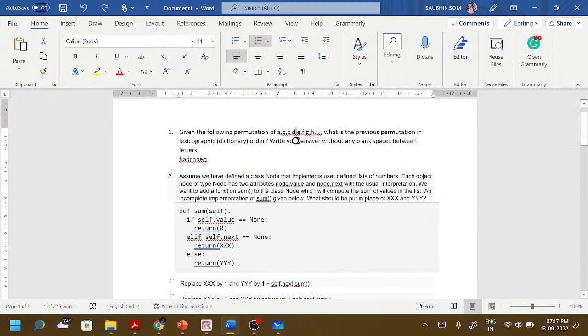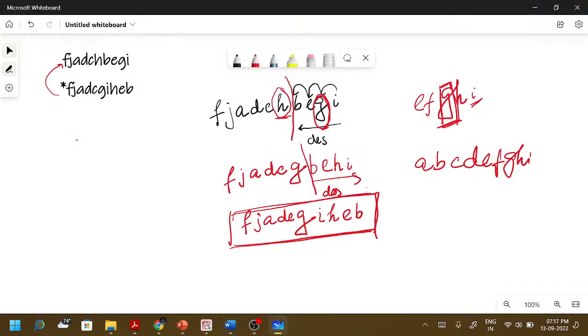You explained, but still it's not clear. Will you explain it once again, sir? Sure. Sir, can you explain what lexicographic order is?